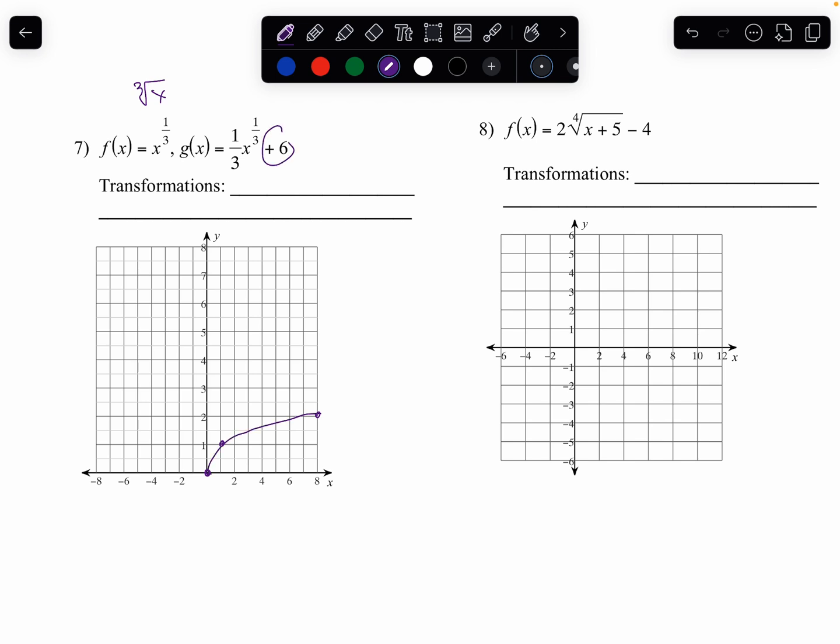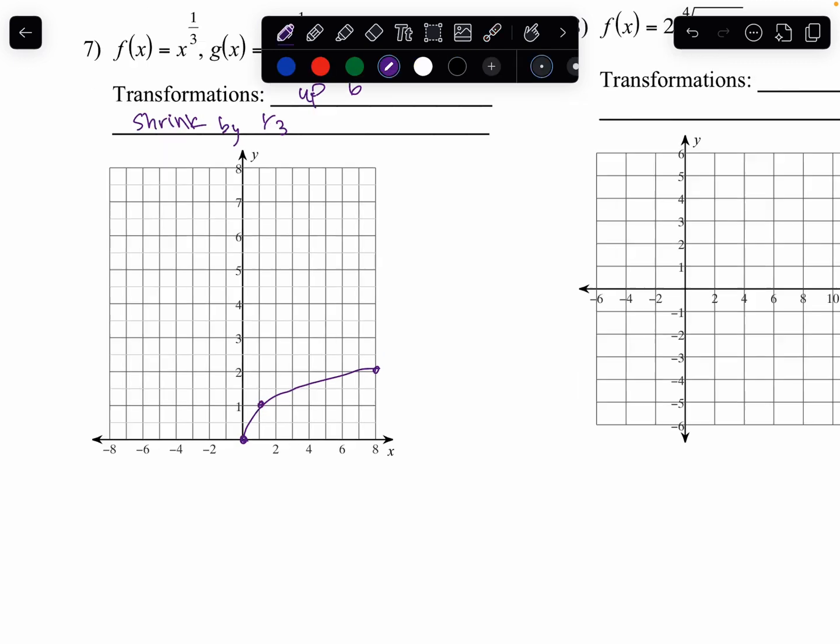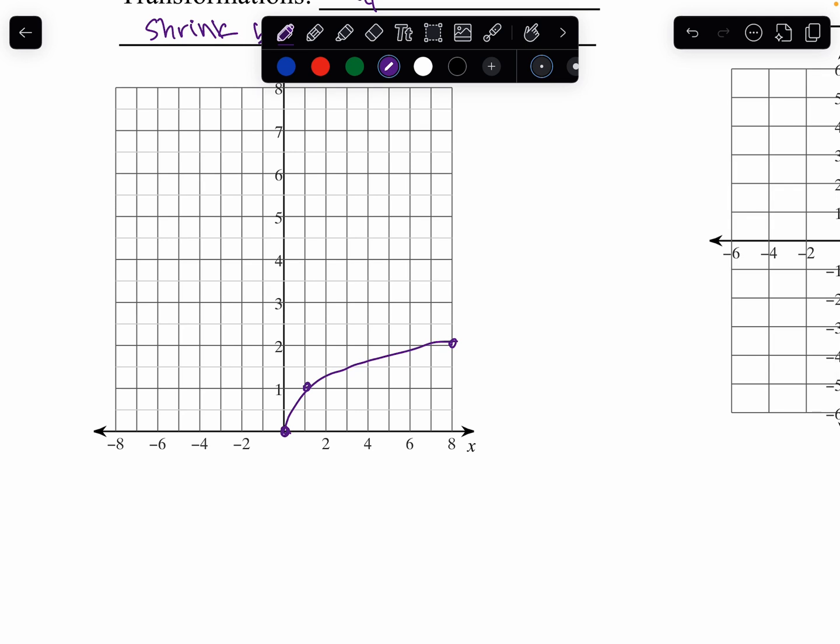We have up 6, and we have a shrink by 1/3. Now I'm gonna go ahead and do the shrink by 1/3 first, and then I'll move everything up 6. So this distance is going to be shrunk by 1/3, and so rather than being up 1, it's only going to be up 1/3. So maybe like right here or something.